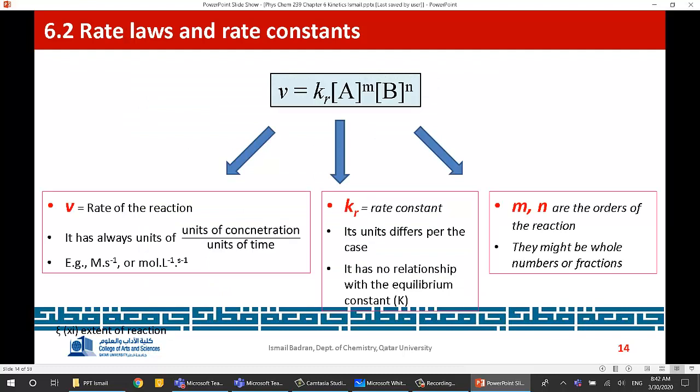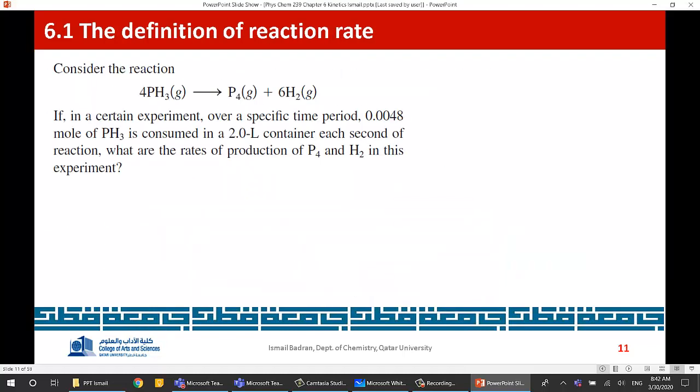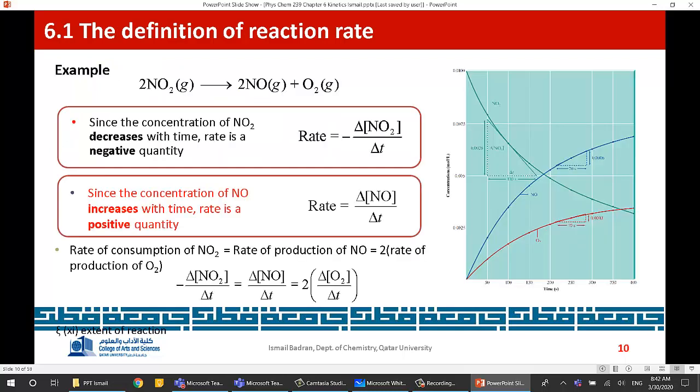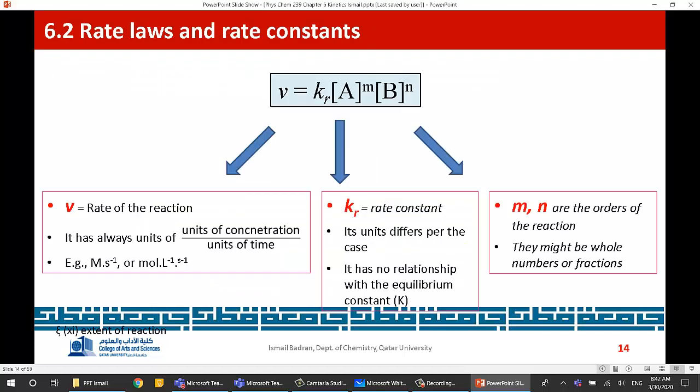Now let's take this equation and break it down so we can understand it a step at a time. First, it's the rate, the V. What is the rate? It's the rate of the reaction and always has units of concentration over units of time. So in the previous questions, let's go back to that question about P4. Remember that we found the rate of reaction. It was equal to 0.06 molar per second.